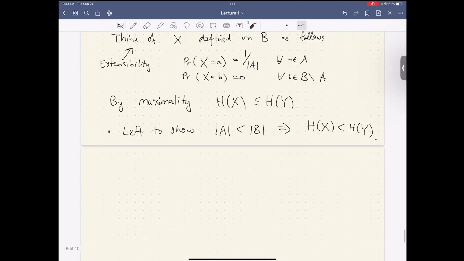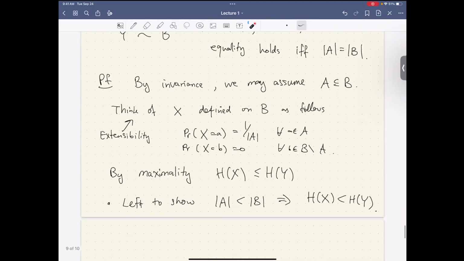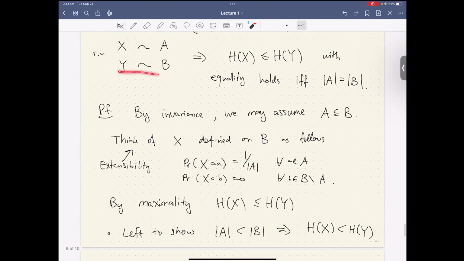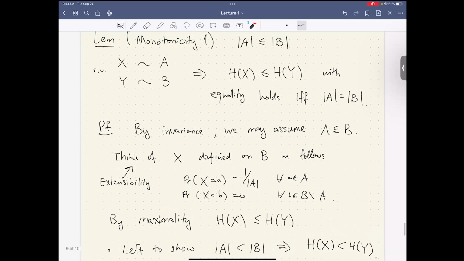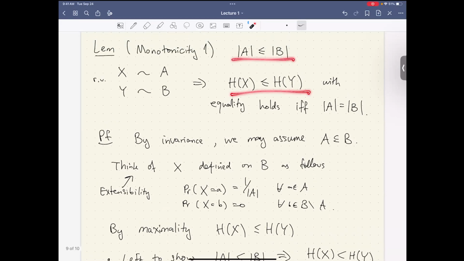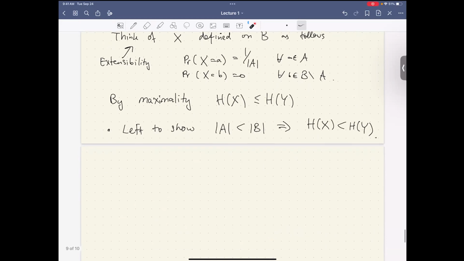And Y is distributed over a set of size at least 2, because B is strictly greater than A. If it's of size 2, then the entropy equals 1 by the normalization axiom. If it's larger, we know the entropy can only be larger by what we proved in the first part. So this is true when |A| equals 1.